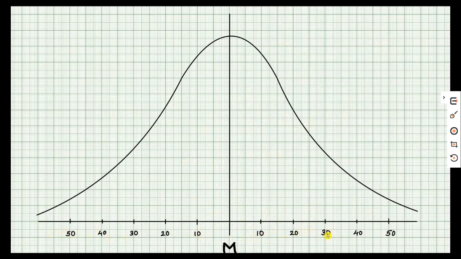Now these numbers represent percentage. So it is 10%, 20%, 30%, and so on the right hand side, and 10%, 20%, 30%, and so on the left hand side. Now the scale that I have used over here is 2 centimeters equal to 10%. So I have kept a gap of 2 squares between each of the percentage scores.